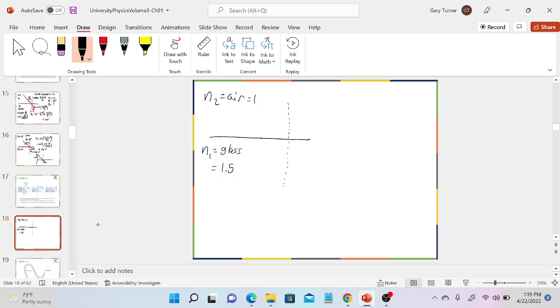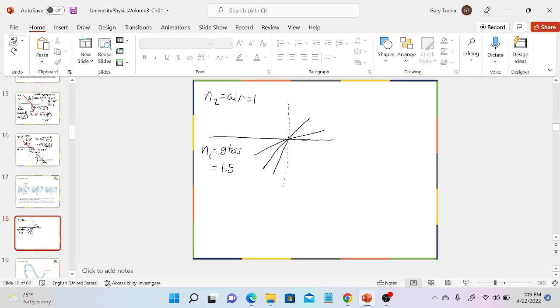And so the question is, as we saw, if I have a slight angle here, then this is going to get bent away. But if I increase this angle, this is going to keep getting bent until the angle is 90 degrees and the sine is 1. Okay, so the question is, when does that occur?